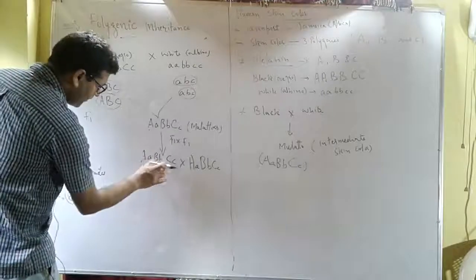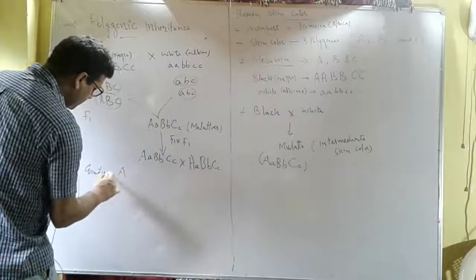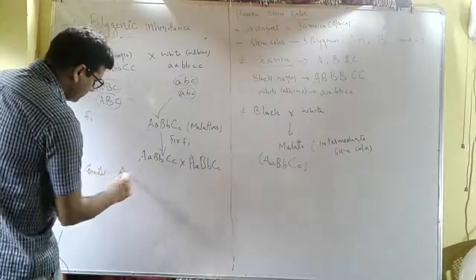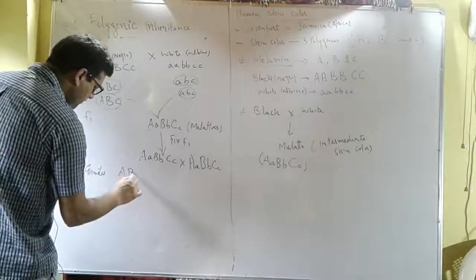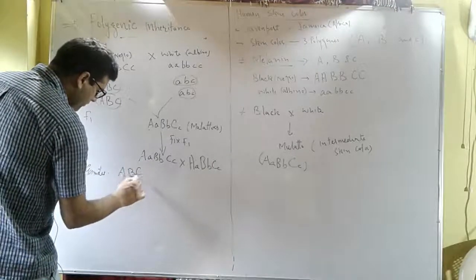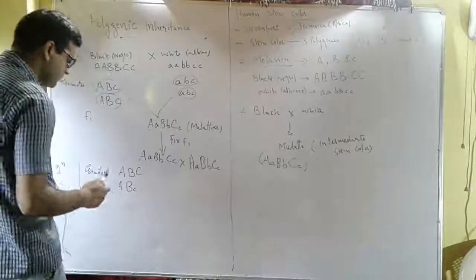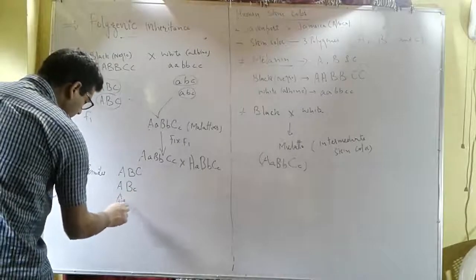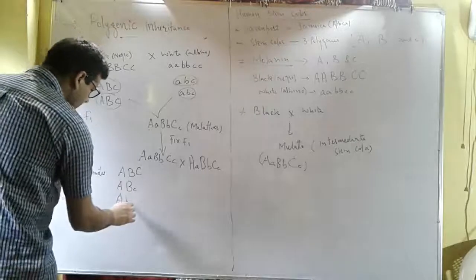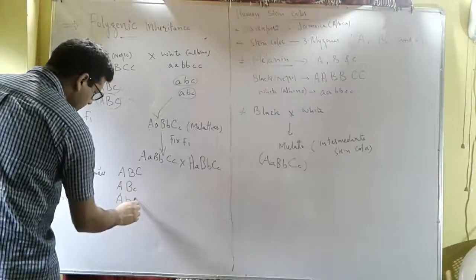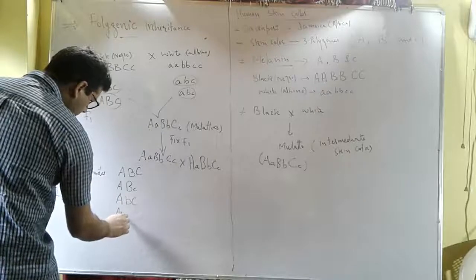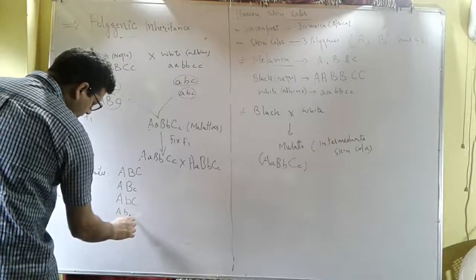So we'll see how many gametes are formed. This is A, B and capital C, A, B and small c. Then we have A, small b and capital C, A, small b and small c.